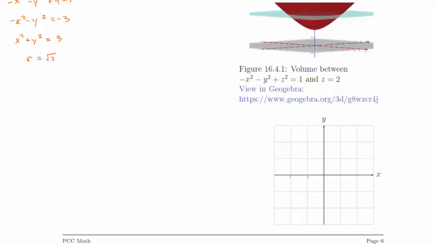Say 1 and 2, so 2 here, 2 here, negative 2 down here, so 1.73, or the square root of 3, is 3/4 of the way to 2 in all directions. So we can draw that the region we're looking at is here.